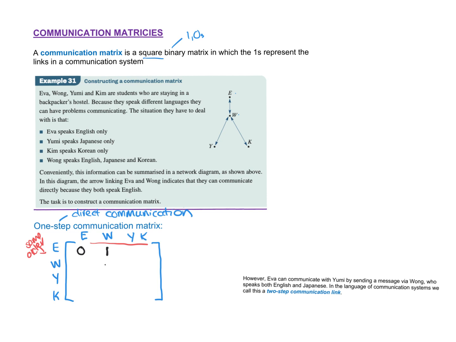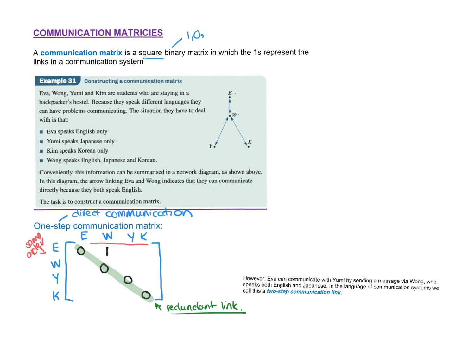You'll notice that the same letter, like W to W, Y to Y, and K to K, are on the diagonal there. You'll see the zeros, and that's, you don't talk to yourself. We often call that the redundant link, because it's pointless. It's going back to the same thing. So that's a redundant link.